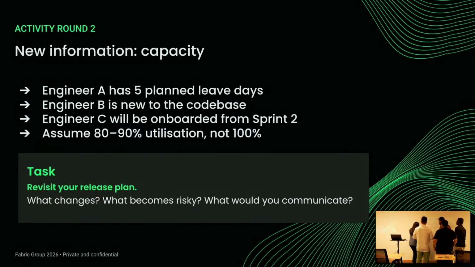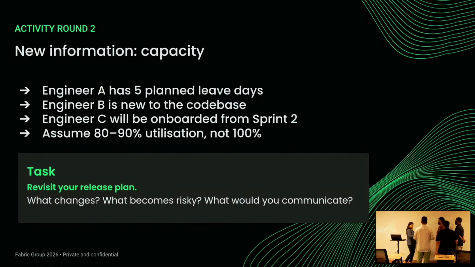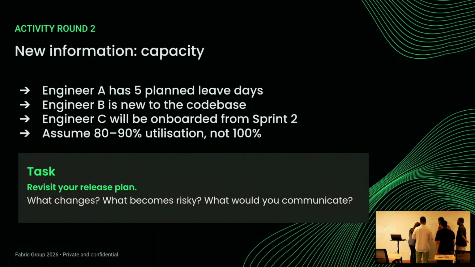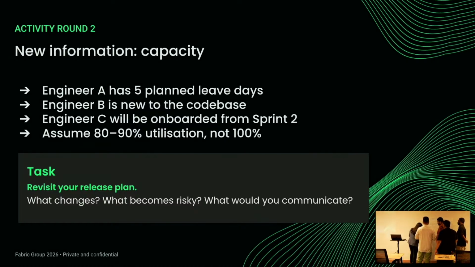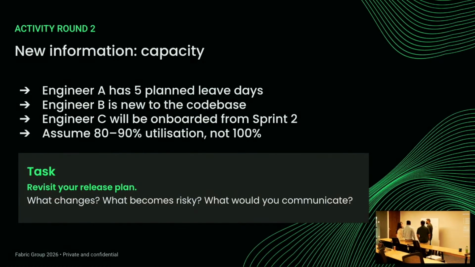Now in this, what we are saying is 5 days for the senior dev is on leave, and engineer B, who's a senior engineer, is ramping up still, so their velocity is also going to reduce. Given that one person is able to deliver 10 points in a sprint, let's say that engineer B is able to deliver half of that, which is 5 again, right? So this one is not 30, this is actually minus 10, so that will give me how many points? That's going to give me 10. 10, 10, 20 is reduced, right? So only 10 story points worth of work can be done in sprint 1.